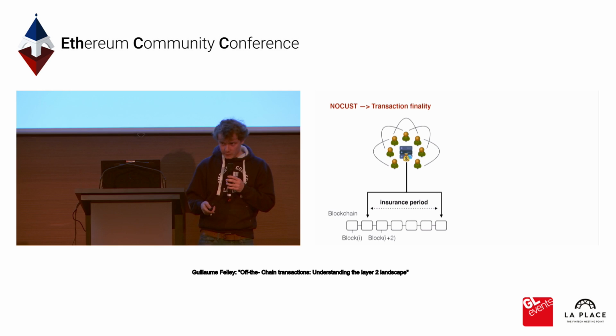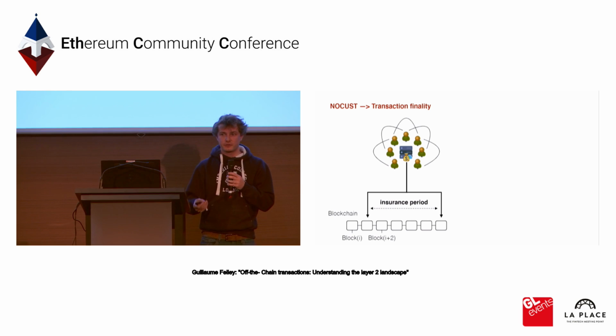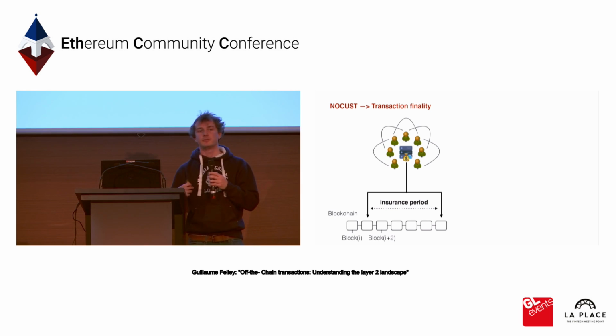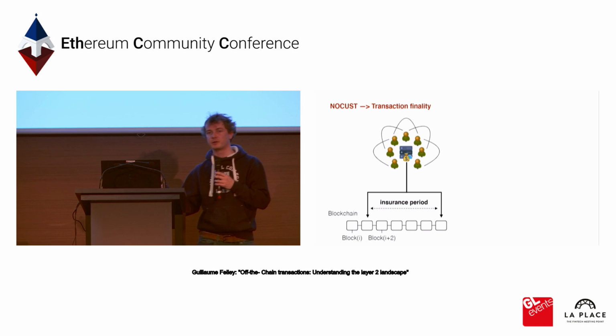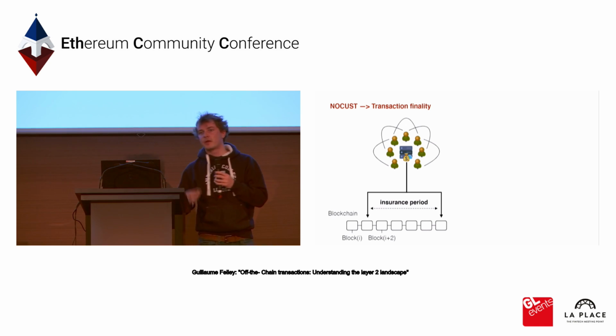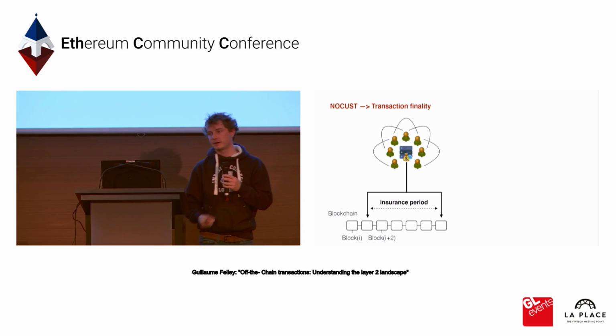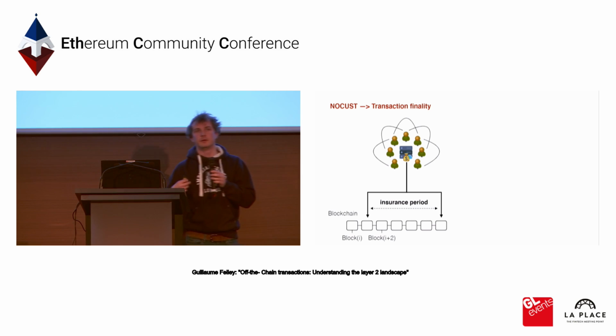So what you get out of that is basically instant economic finality, because if I make a transfer and something goes wrong in the future with this upcoming checkpoint and my transaction is not included as expected, I can tap into this collateral pool and get my money. If I receive 1 ether, I can go to the collateral pool and take 1 ether from there if the next checkpoint is incorrect.